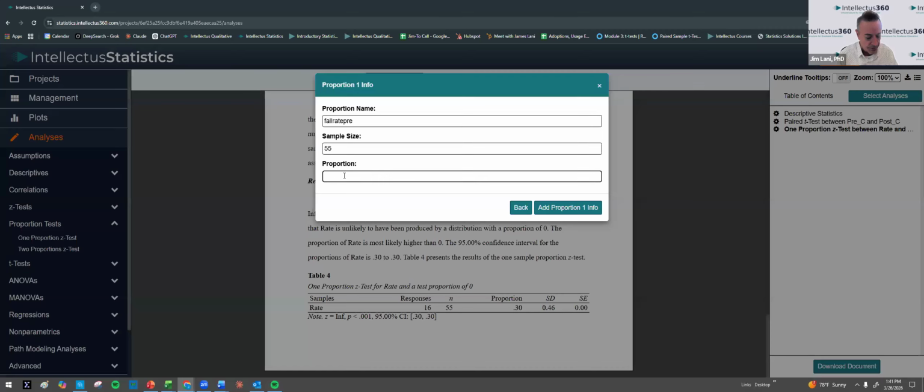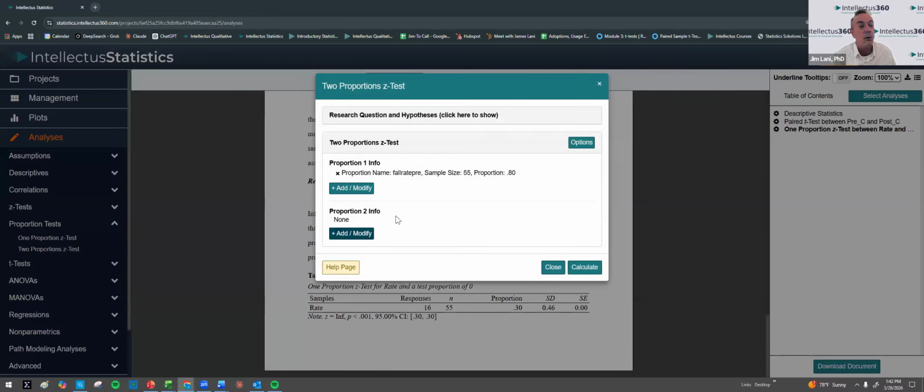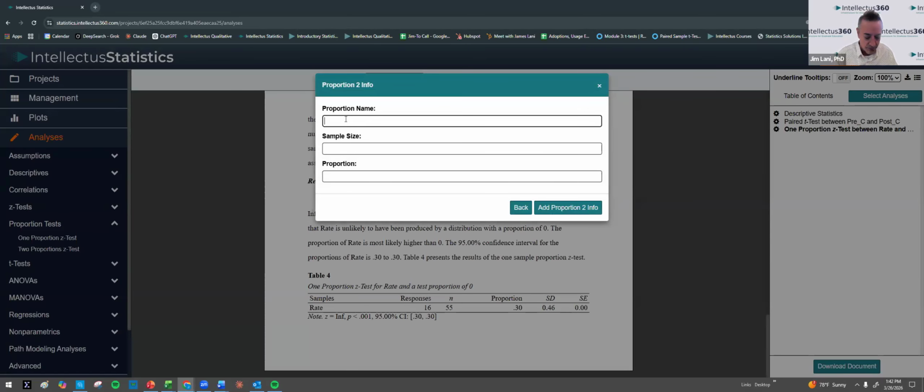Maybe the fall rate before was 0.80. Staff were out there tripping people, obviously. Or more likely, definitely more likely, they're on the wrong meds, right? And they're out of pain, but they're falling. And you want to compare that to some other rate, fall rate post with some intervention, non-narcotics. This rate happens to be 40, and the proportion has dropped down to 10%.